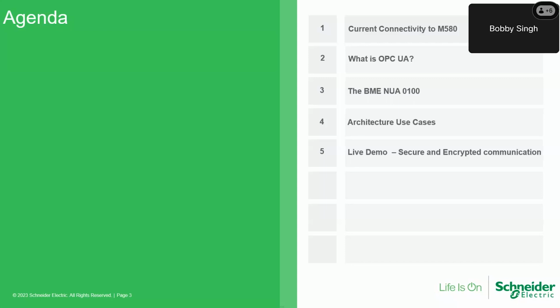Followed by an introduction to the NUA module, in which I'll cover some of the physical characteristics and the main key features that allow you to secure and encrypt your data from the M580. Then we will review some architecture use cases, followed by a live demonstration, in which I show you how easily you can enable some of the key features in OPC UA, the NUA module.